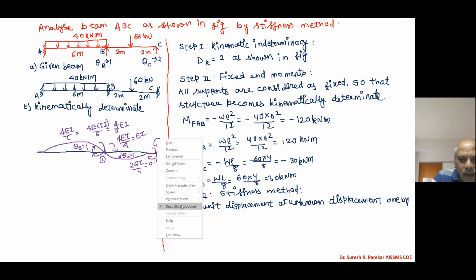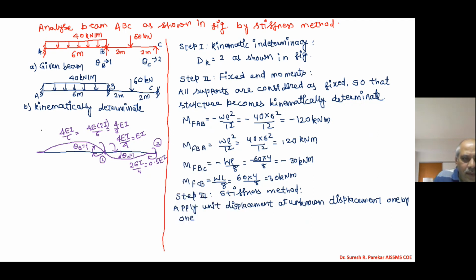Now we have to write down the elements of the stiffness matrix. We always first write the displacement number. So we have this as 1 and here we have 2. Where we have applied unit displacement, theta B is 1, the number of this displacement is 1, so the second digit is 1, giving S11.